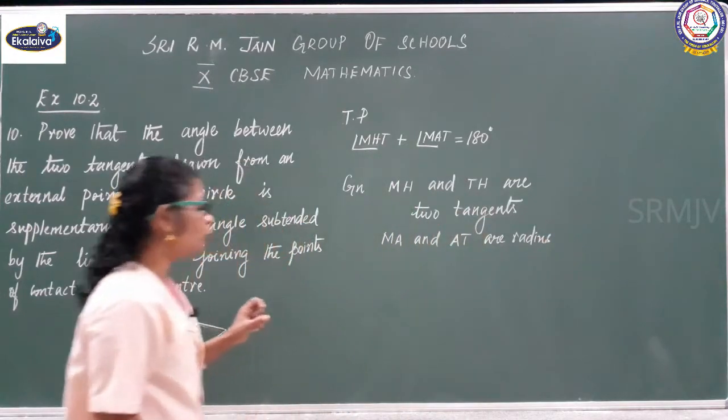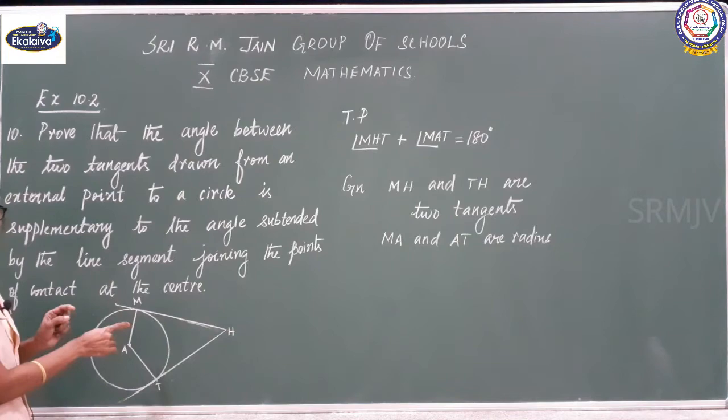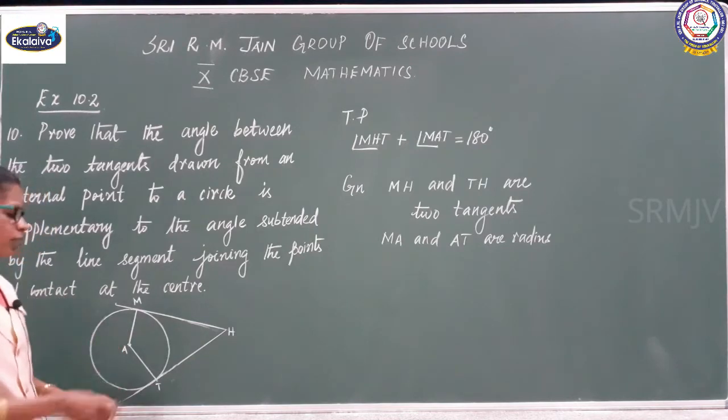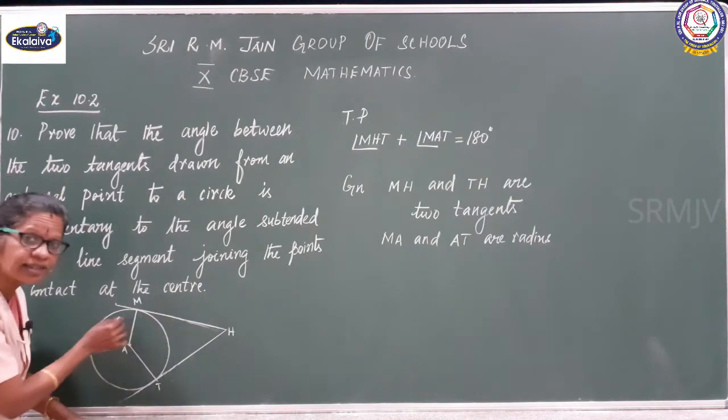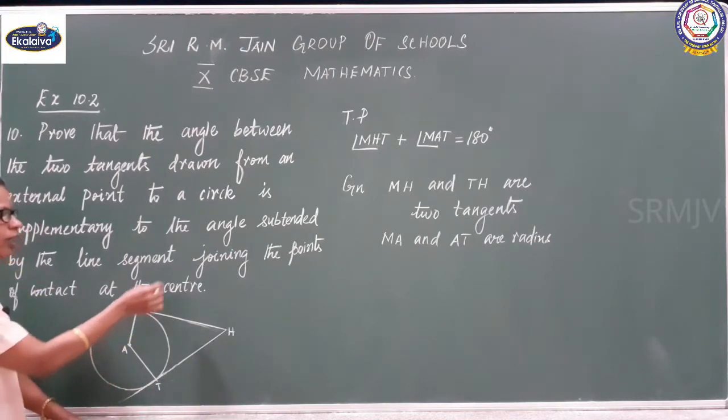Okay. We know the theorem that tangent at any point of a circle is perpendicular to the radius through the point of contact. What it says, that radius and the tangent meet at a point, we call it as point of contact. It makes an angle 90 degree, right?